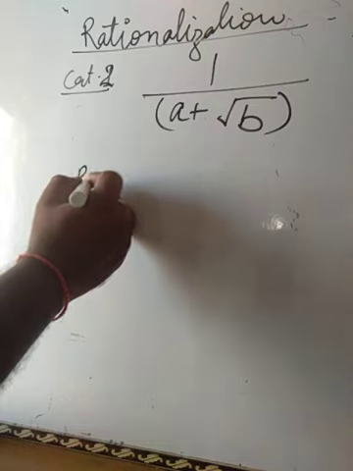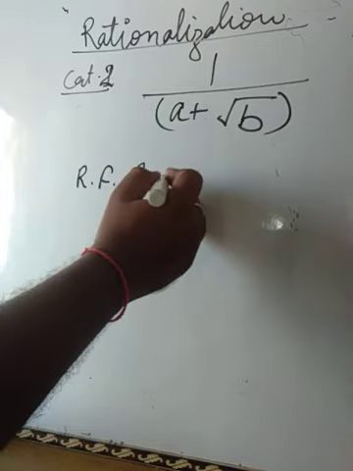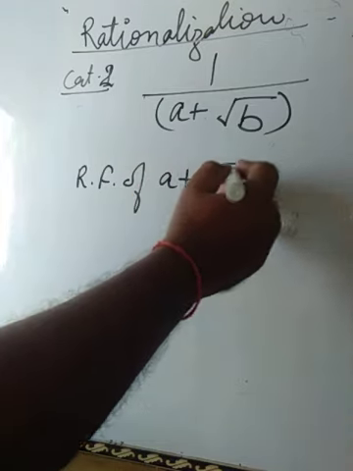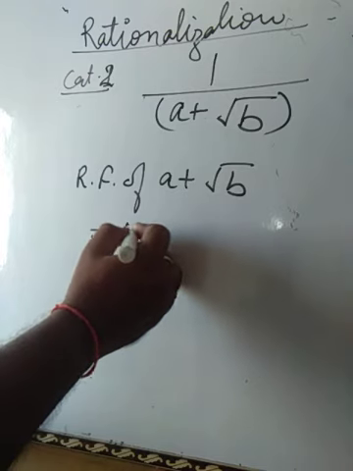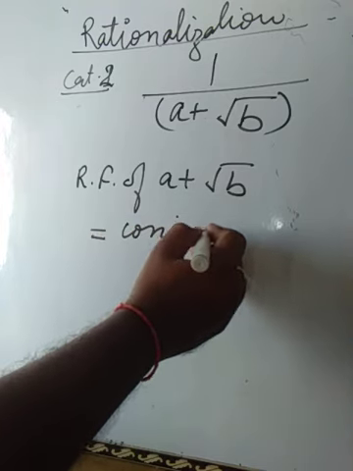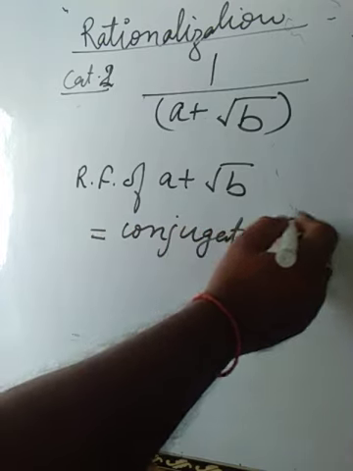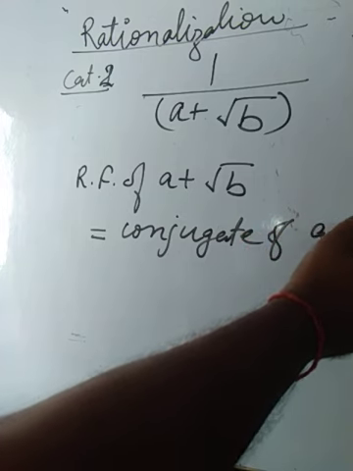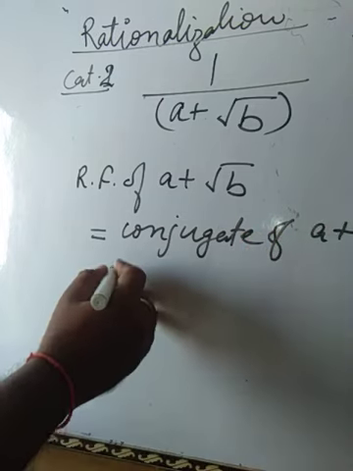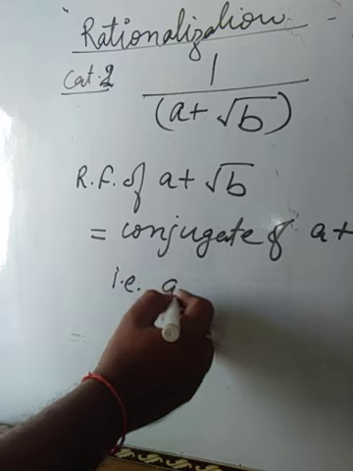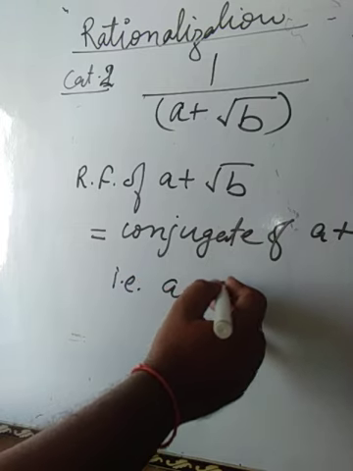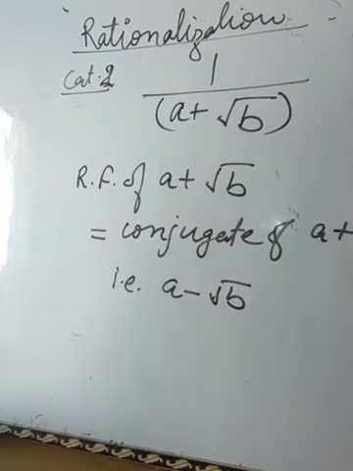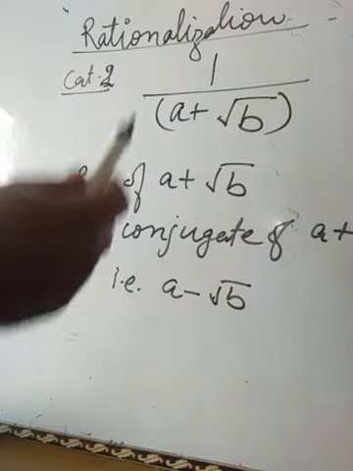So RF of a plus root b equals the conjugate of a plus root b, that is a minus root b.